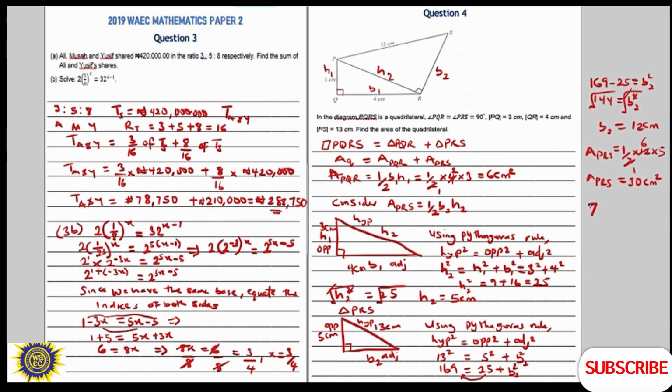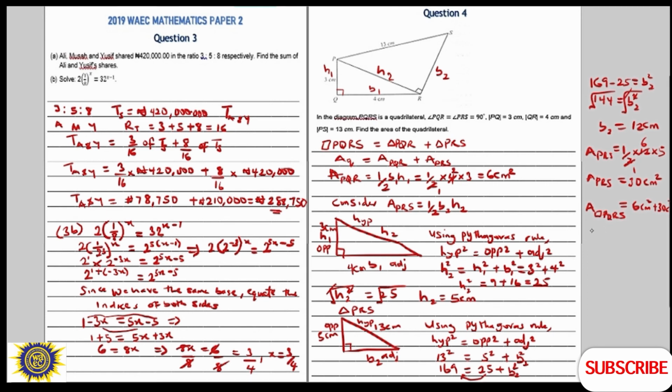So, therefore, the area of the quadrilateral PQRS will now be equal to 6 centimeter square plus 30 centimeter square.